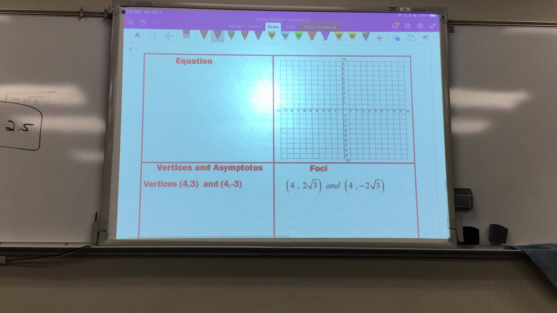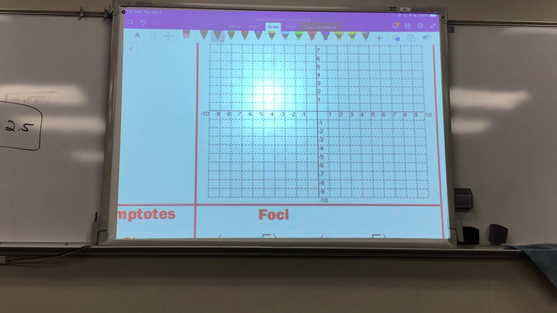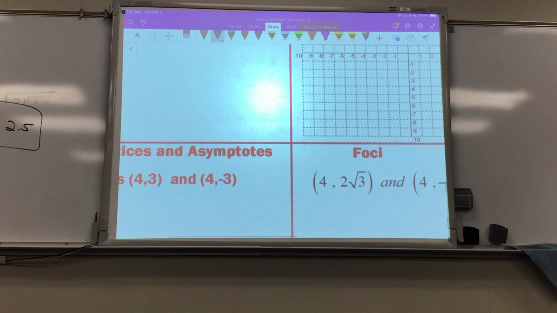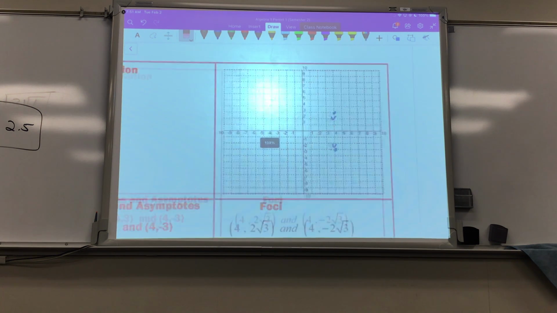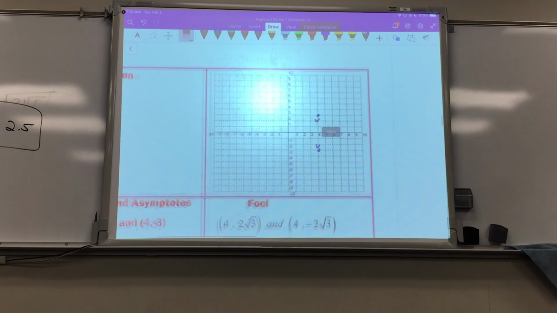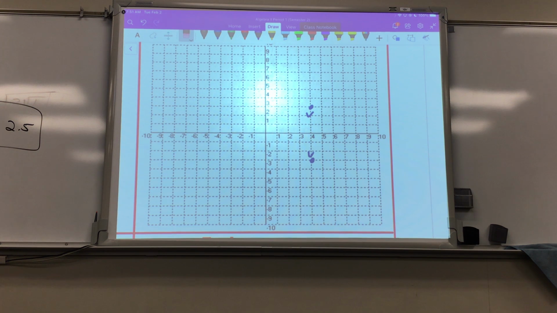Okay, so we have vertices here, (4, 3) and (4, negative 3). Where's the center?